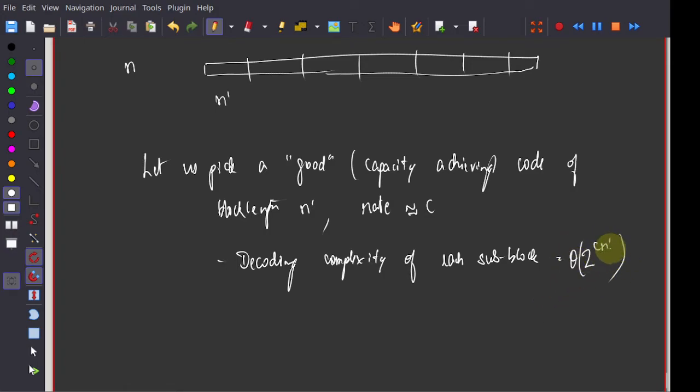And if I choose my n prime to be order log n, in particular, I'll choose this n prime so that the decoding complexity is just n square.